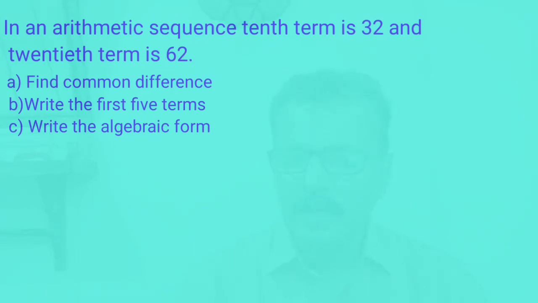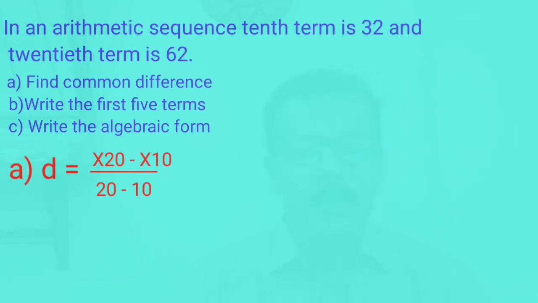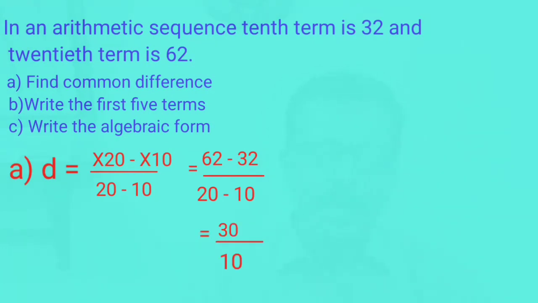What is it? d is equal to, yes, we have studied now, x20 minus x10 by 20 minus 10. Here it is 62 minus 32 by 20 minus 10, which is 30 divided by 10, which is equal to 3. So the common difference is 3.